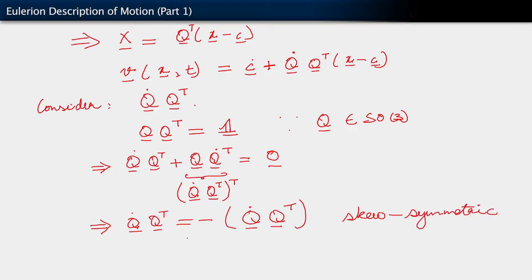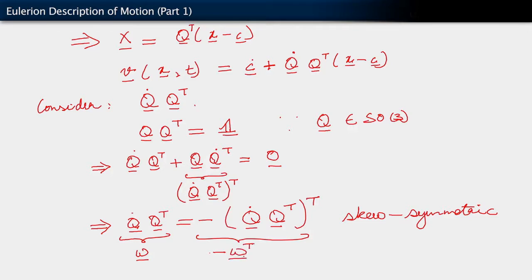For convenience, we are going to label this product omega. Okay, it's a skew-symmetric tensor, right? And on the right-hand side we have minus omega transpose.